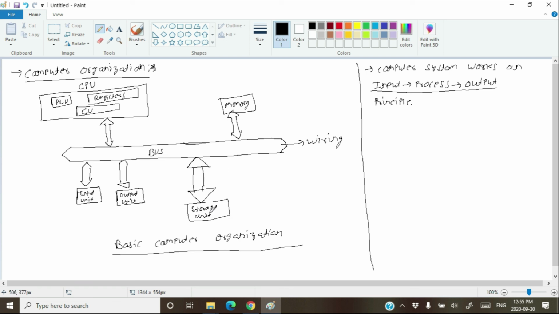So take the input either from the storage unit or from the input unit. You can take the input from anywhere, temporarily store it into the memory, then give it to the CPU for the processing, and then give the output of the processing to the output unit. This is the principle on which the computer system works.